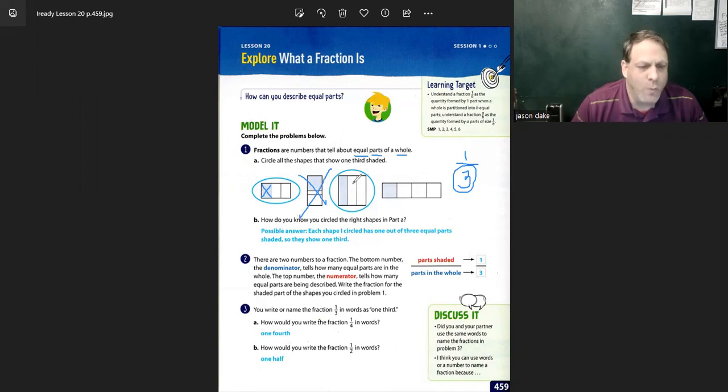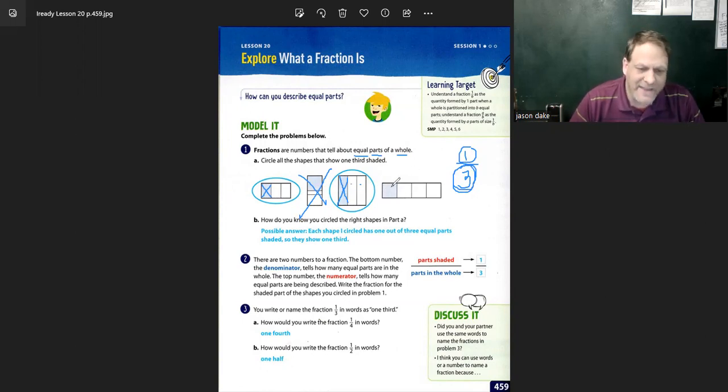Next one, 1/3. Is this 1/3? Well, it looks like they're equal parts. One is shaded, we use that one, and 2 and 3. So 3 equal parts.